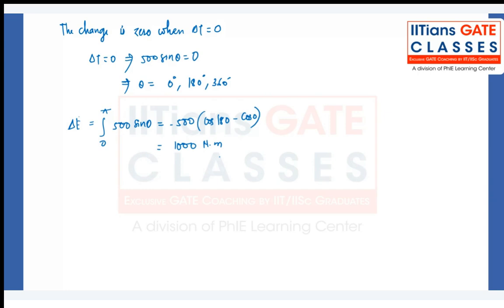Okay, so delta E is I omega square CS. This implies 1000 has to be equal to I into 100 square into 0.04.